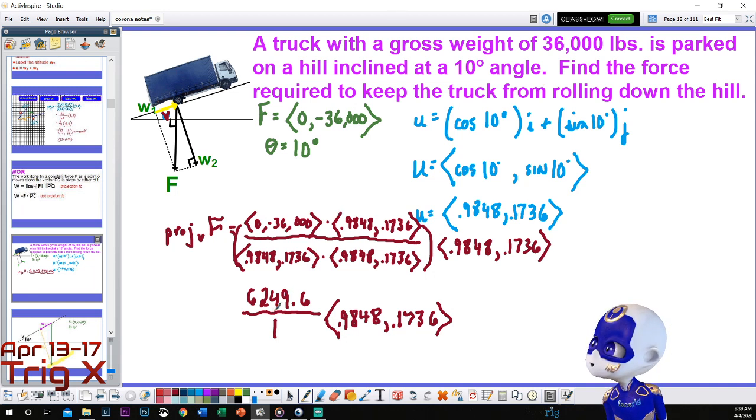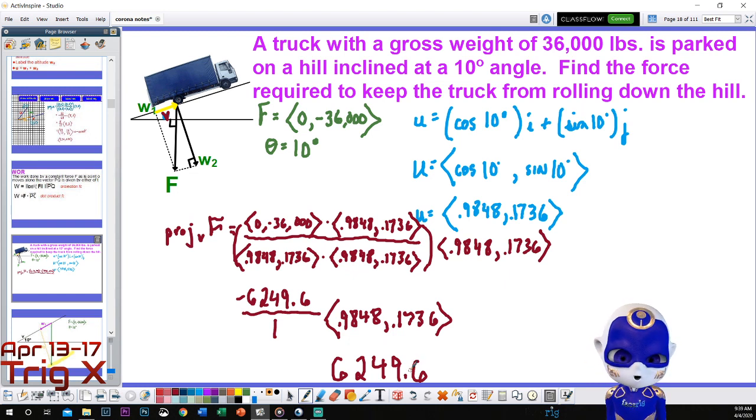And the way to do that, that was a negative, sorry about that, is to just look at the magnitude. We already know the magnitude because this is the scalar. So our magnitude is 6,249.6. This is how much force we need to be able to have in order to keep the truck from going down the hill. It's a good thing I've been working out.